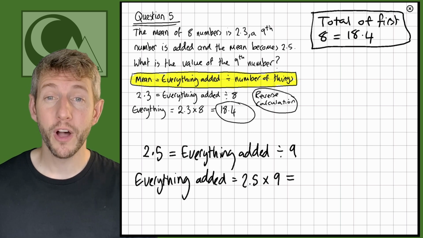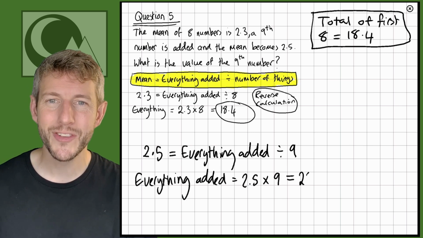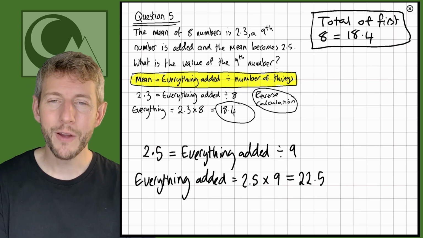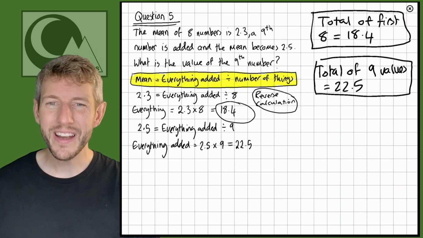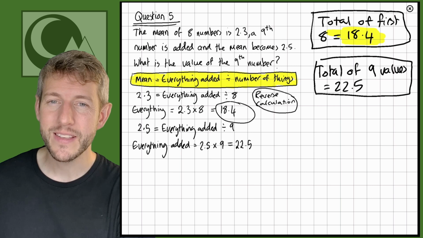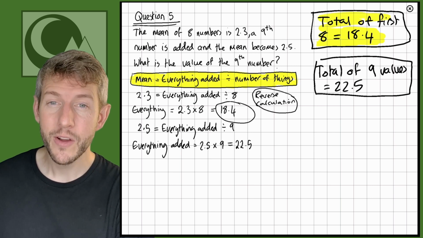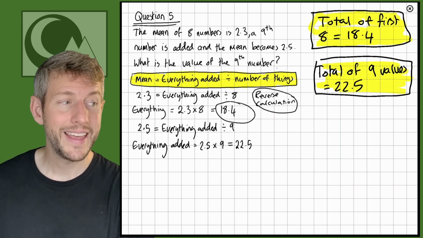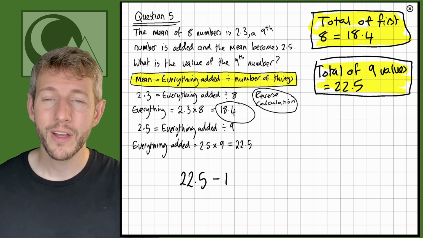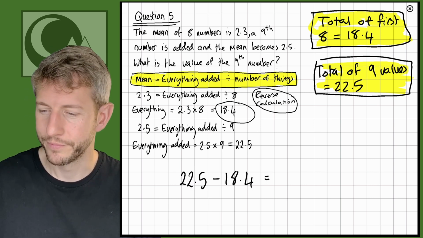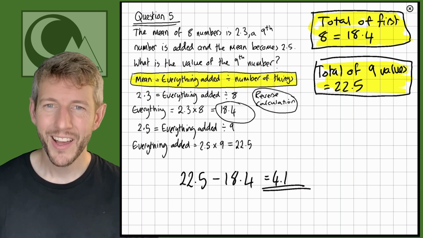Right, and 2.5 multiplied by 9 equals 22.5. So we now know that the total for the 9 numbers is 22.5. So if we know that the total for the first 8 numbers is 18.4, and the total for the 9 numbers is 22.5, we can simply do 22.5 take away 18.4. And that equals 4.1. Okay, great.